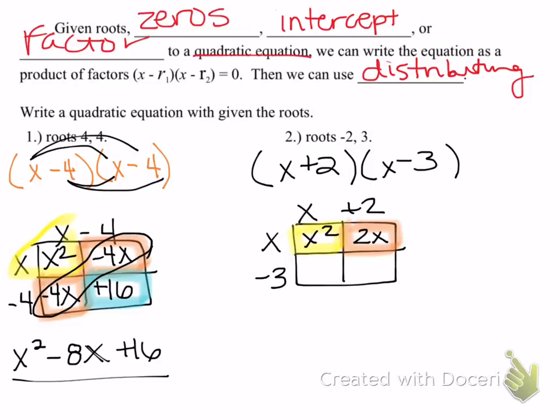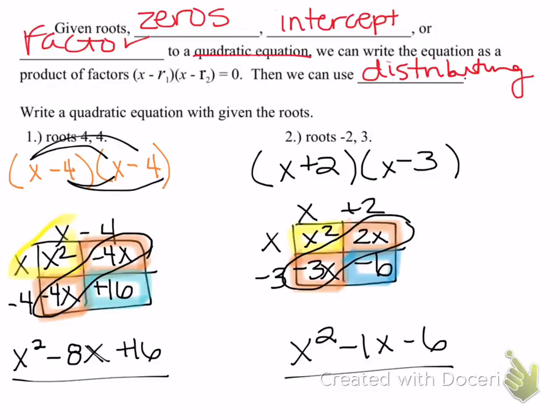My next one, I've got negative 3 times x, which gives me a negative 3x. And then lastly, I've got 2 times negative 3, which gives me negative 6. So remember, I put my yellow first, so I've got x squared. I combine my diagonal, so 2 minus 3 gives me a negative 1x, and then I put my blue, minus 6. So there's my answer there. So hopefully that helps with a little bit of color coding, but let's go ahead and do another one.